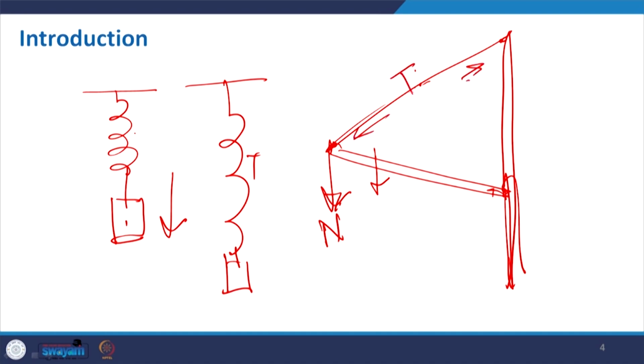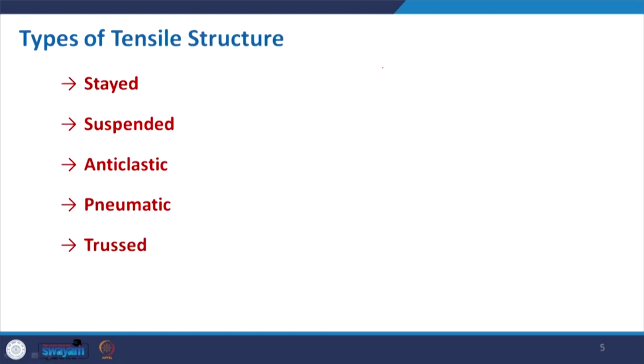So this member is in tension, and this cable is acting to hold the other member. This arrangement, where the major members preventing the structure from collapse are taking tensile load, is again a tensile structure.